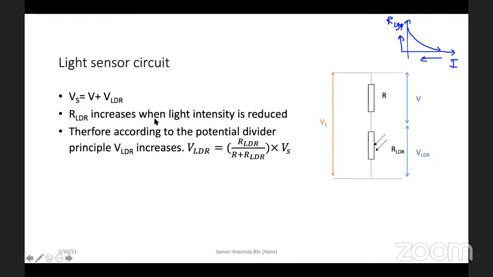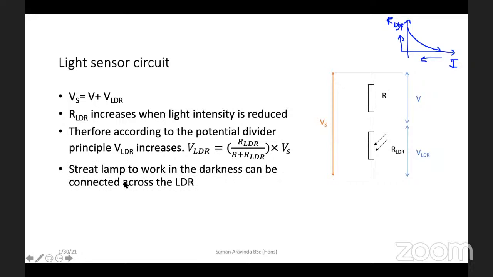So LDR resistance increases when the light intensity is reduced. According to the potential divider principle, the potential difference across the LDR is more compared to the potential difference across the fixed resistor. So street lamps usually are connected across the LDR to work in dark conditions like this.